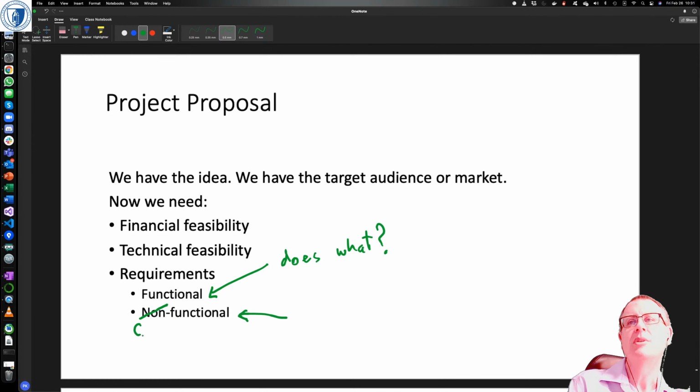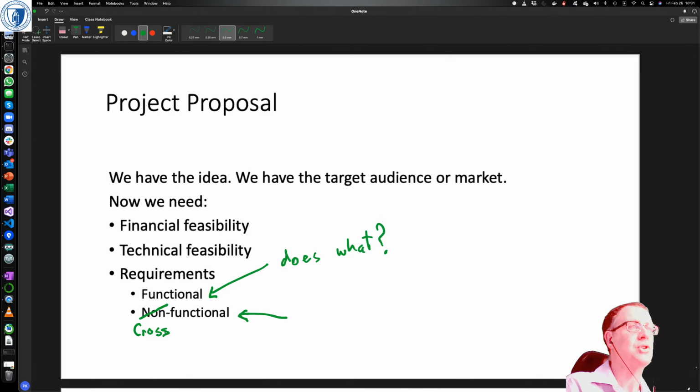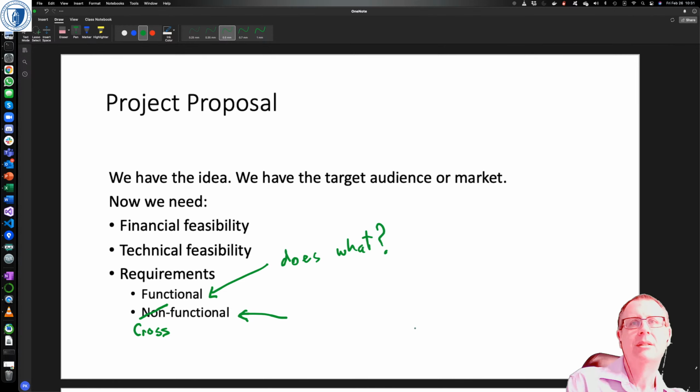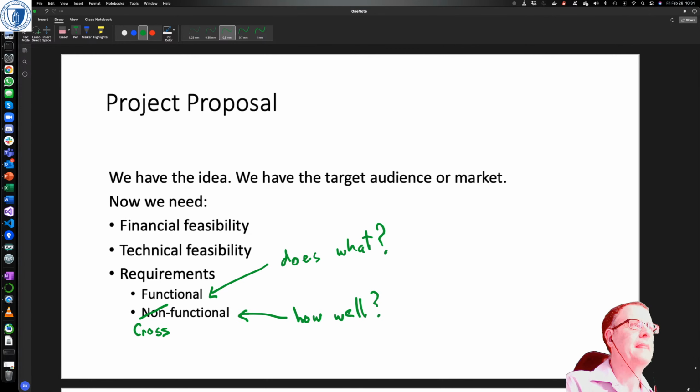Now, a former student of mine came up with the idea of cross-functional requirements. And cross-functional, non-functional requirements tell you something about how well your system works. How much power does it need? How much does it weigh? How big is it? What color is it? Those sorts of things.